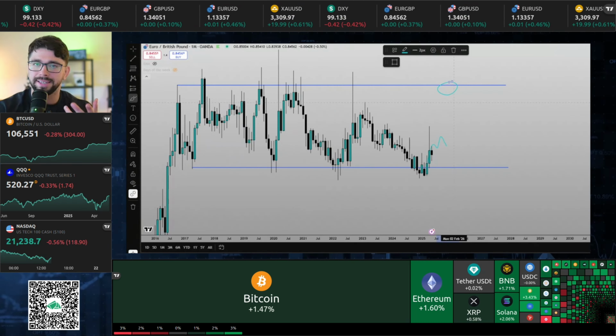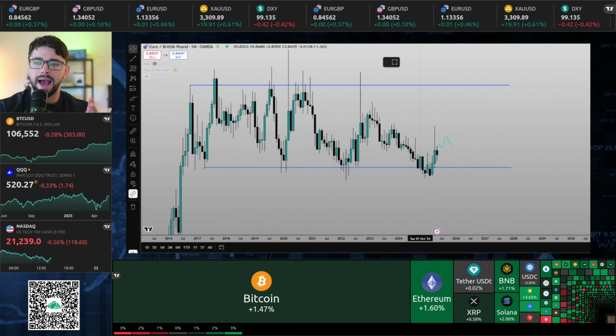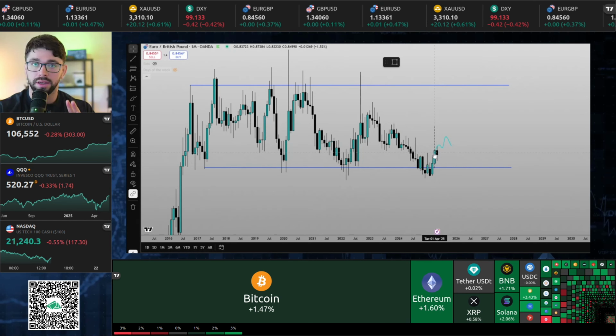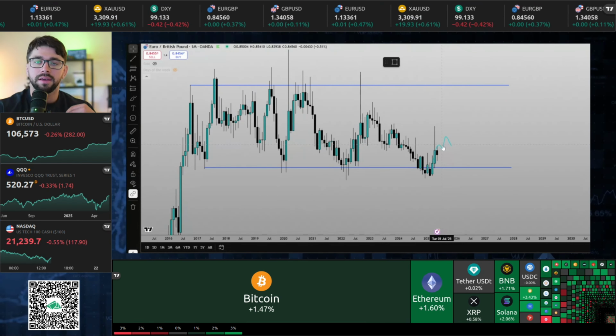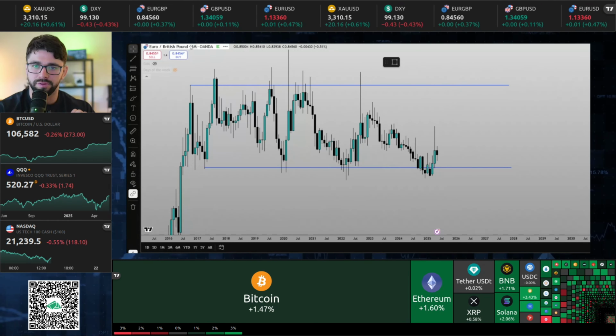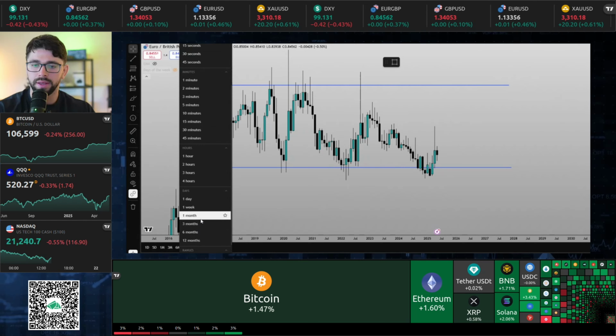Now, this is a monthly time frame, so it takes a long time to actually happen, but having an understanding of where we're sitting will help you come up with a bias in the future. So now we're going to go down to the weekly and see where we are.